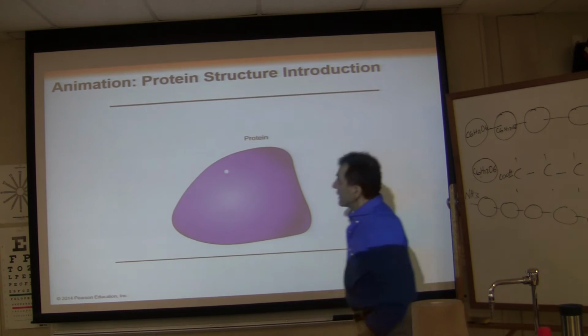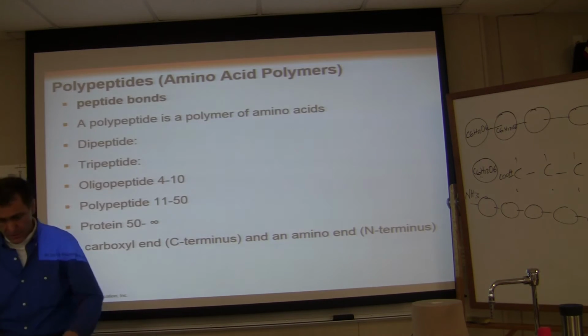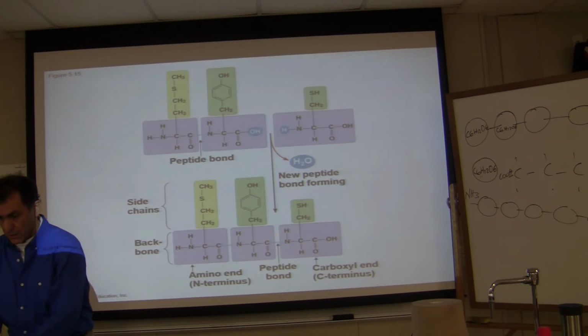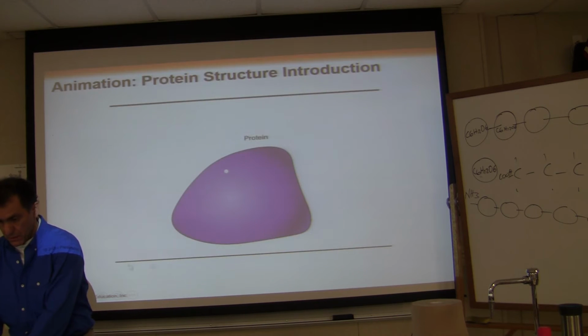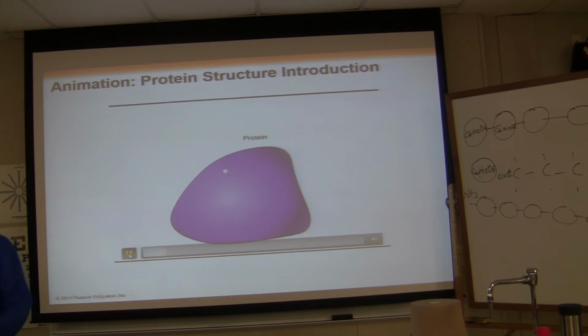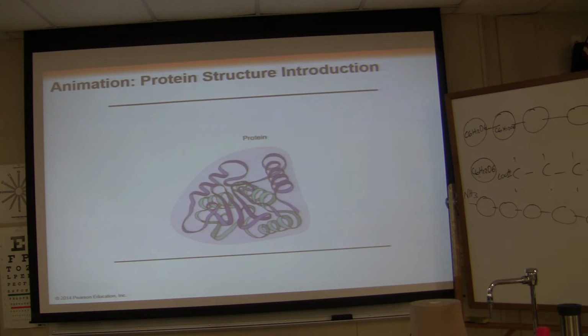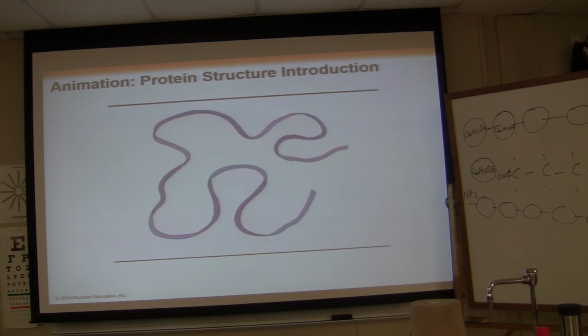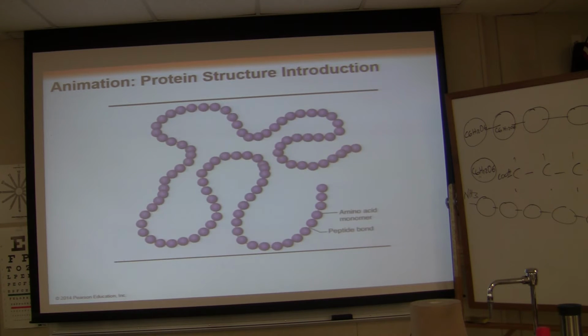Okay, another animation. Let's go over it. Most proteins are folded into a complex globular shape. Each protein molecule consists of one or more chains of amino acid monomers. The amino acids are linked by peptide bonds, so a protein polymer is often called a polypeptide.